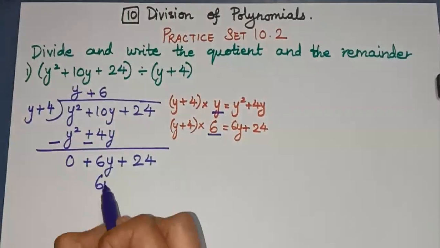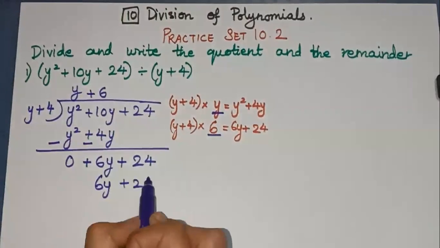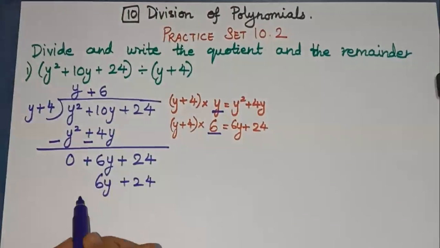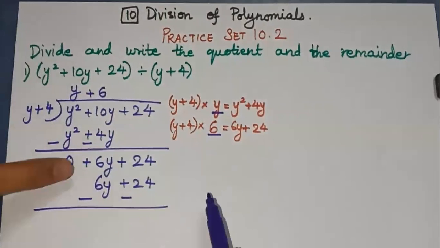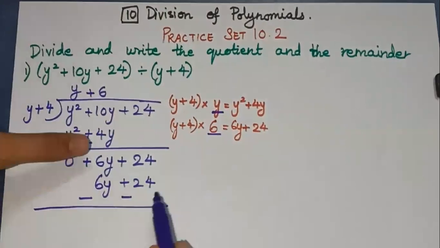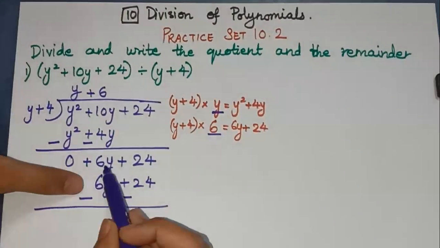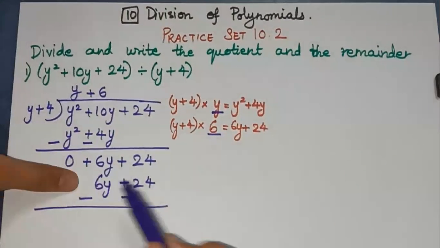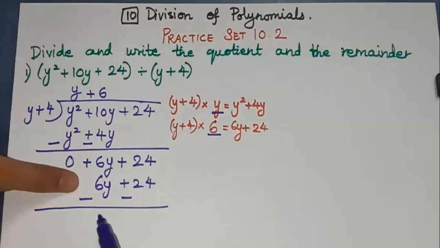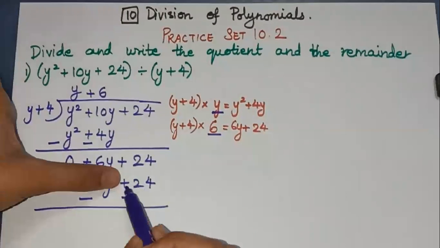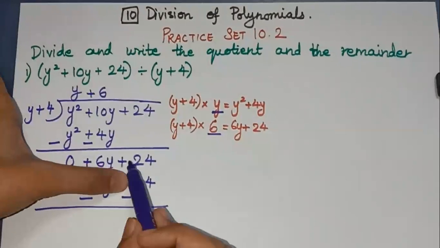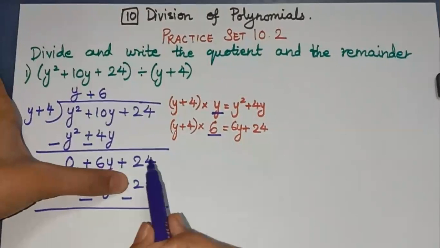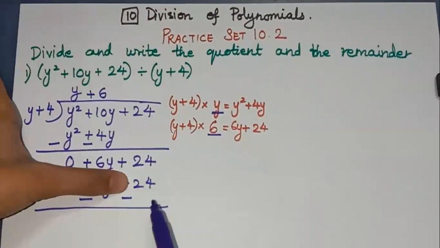So 6y plus 24. Now we will subtract it. This plus sign changes to minus sign and we will do the subtraction. So here plus minus is minus, 6y minus 6y is 0. This positive sign changed to negative sign. So plus minus is again minus, 24 minus 24 is 0.